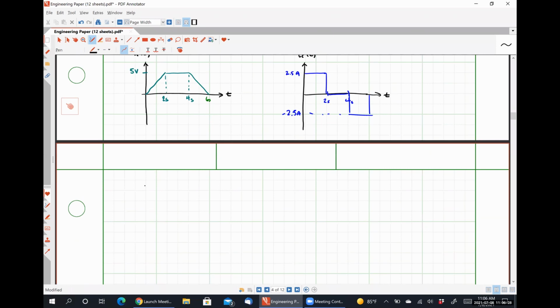So let's say I took the same waveform, where this is v_c of t, this is t, and over here will be my current.